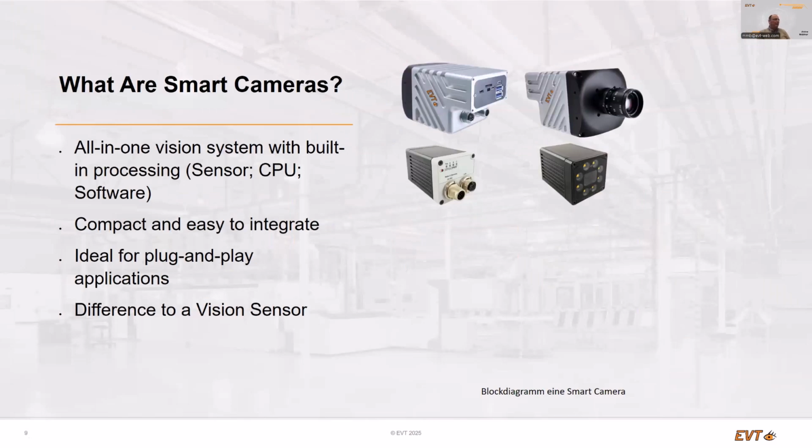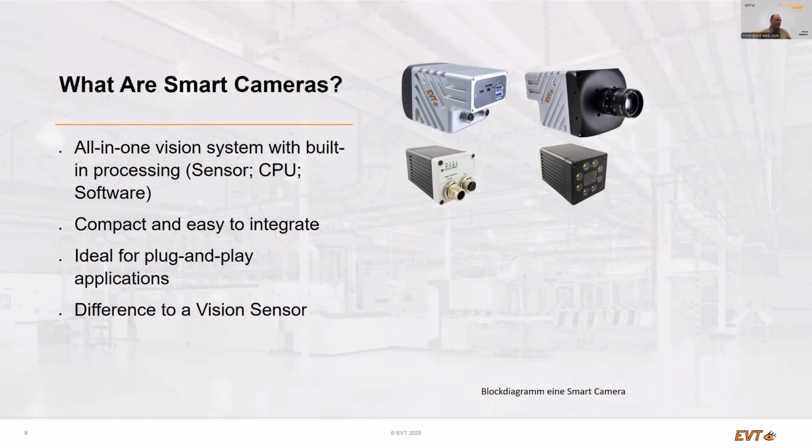Maybe before we go somewhat deeper, what are smart cameras? Maybe most of you know it, but I want to bring everybody to the same level. A smart camera at the end is the complete embedded hardware platform in one housing.